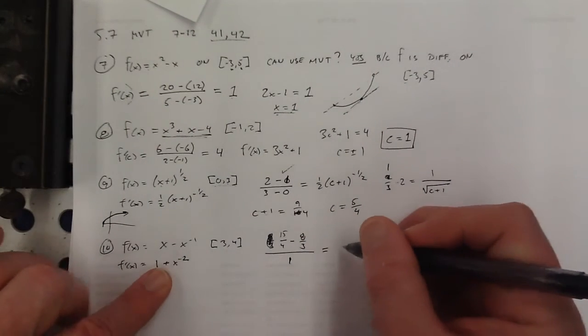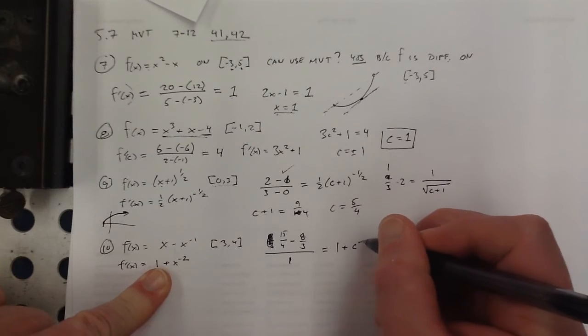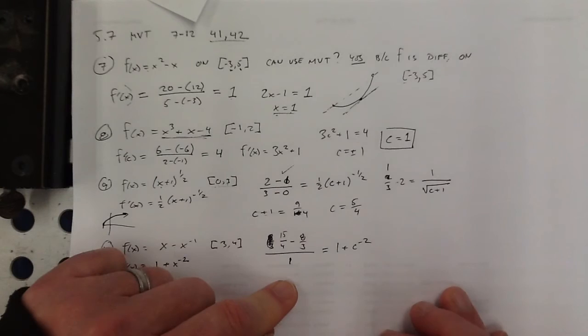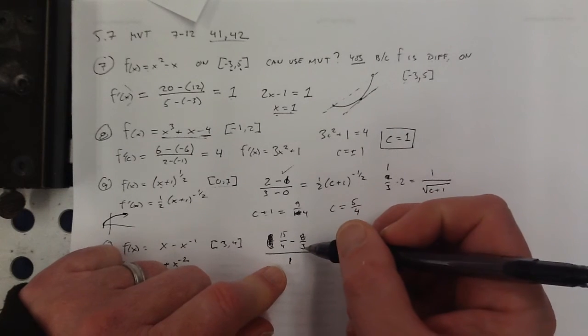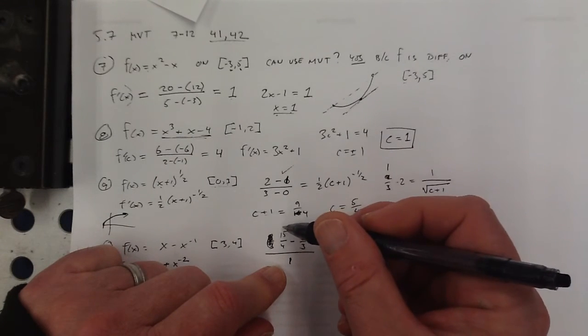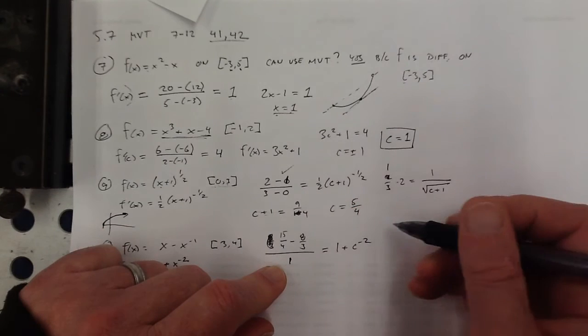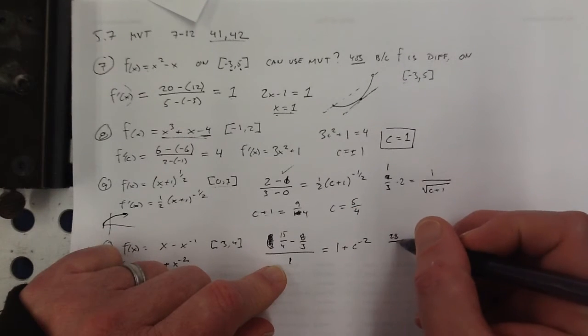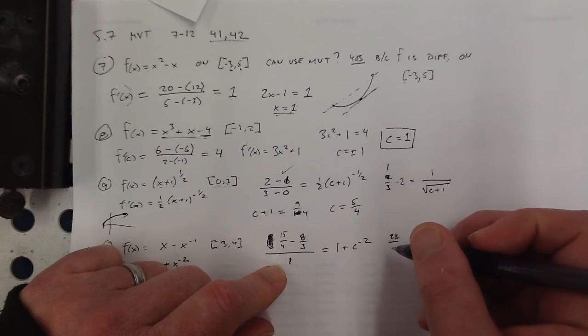That's got to be equal to 1 plus c to the negative 2. Average slope equals the actual slope. So let's see, if I multiply this by 4, that's 60 minus 32, that's 28 twelfths.